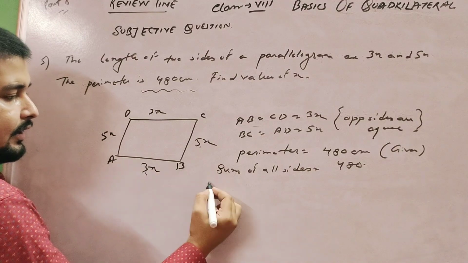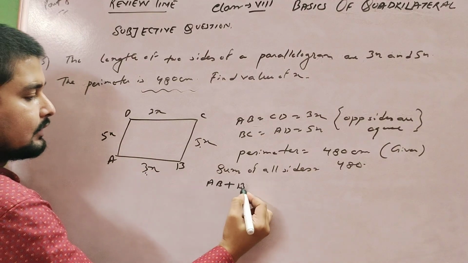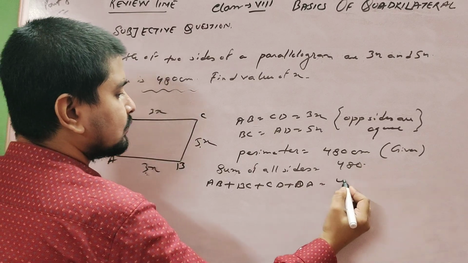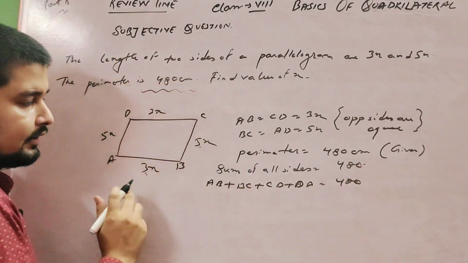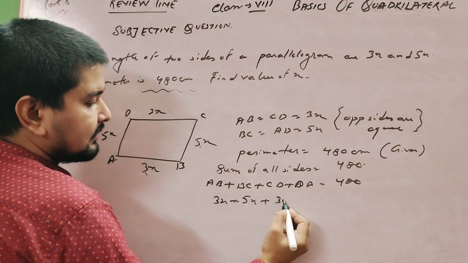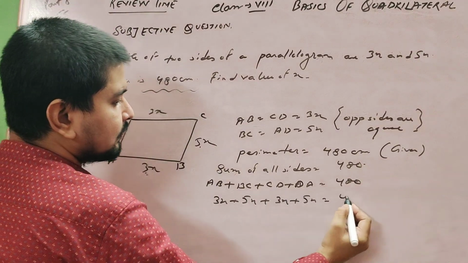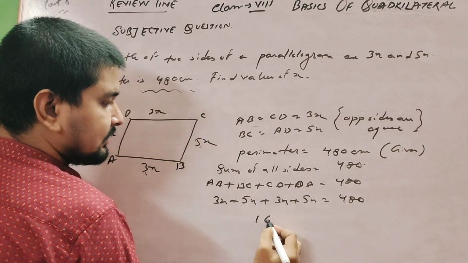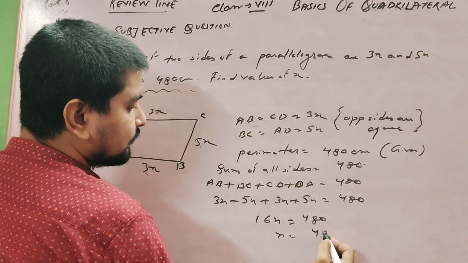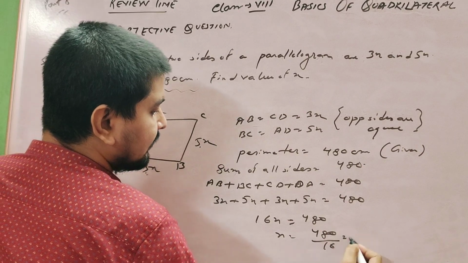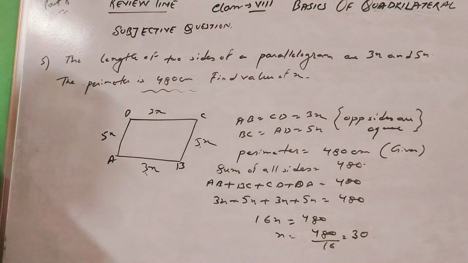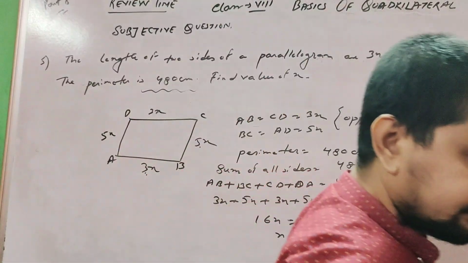That means AB plus BC plus CD plus DA equals 480. So AB is 3x, BC is 5x, CD is 3x and DA is 5x, equals 480. So that is 16x equals 480. So x equals 480 by 16, that is 30. Okay, find the value of x. So x is 30.